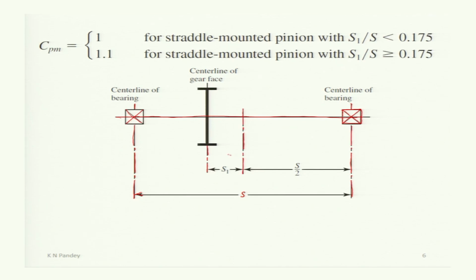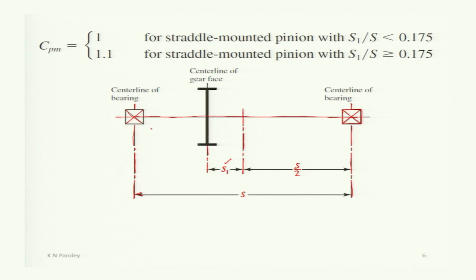Now, the distance of center line of the face of the gear from mid span of the shaft is S1, and the mid span will be S divided by 2 because the length of the span is capital S. Based on the value of this S1, which is the distance between center line of the gear face and mid span of the shaft, divided by span of the center line of the bearings.